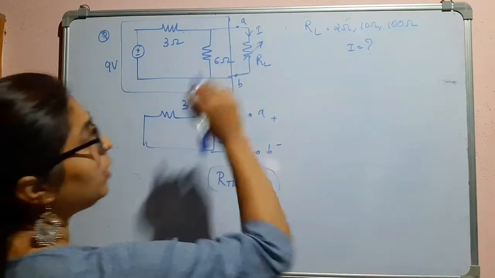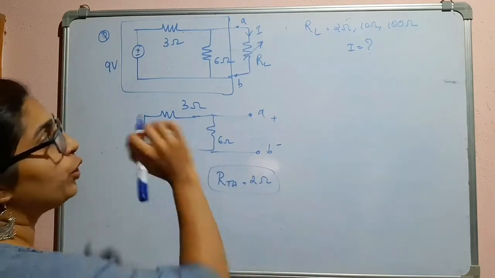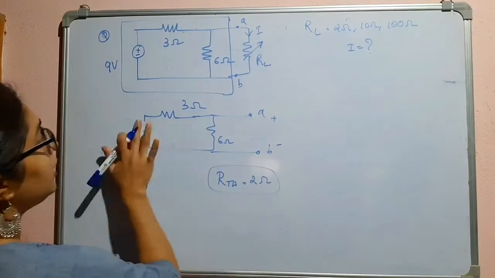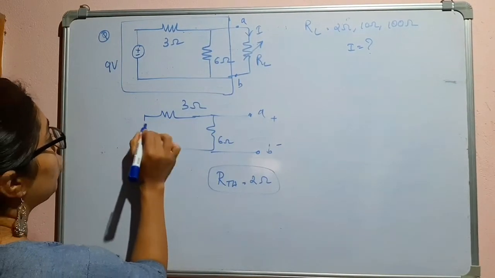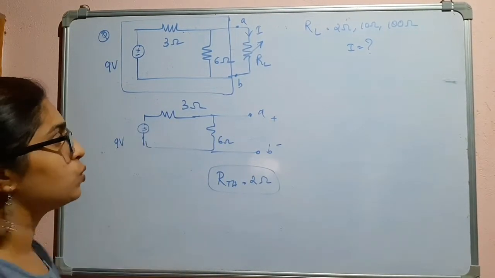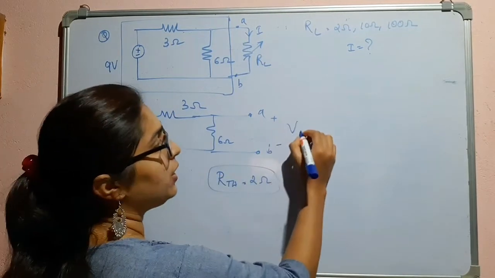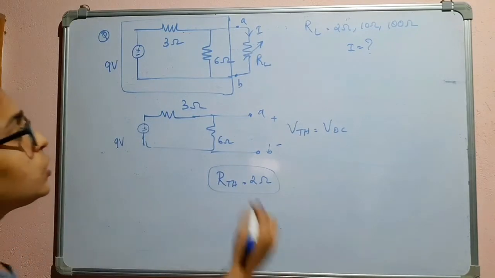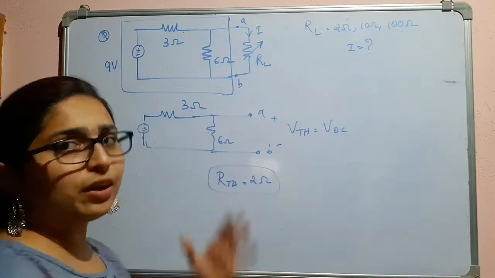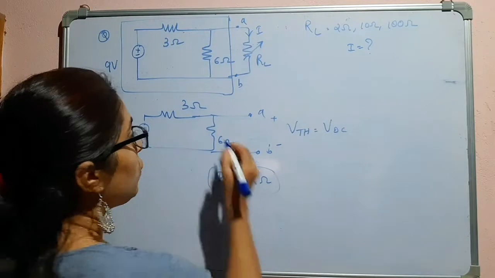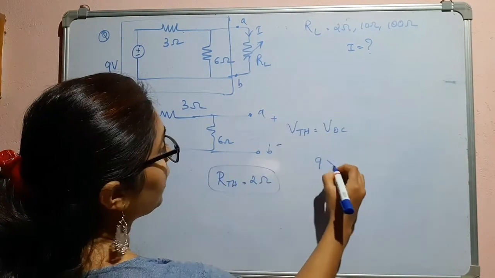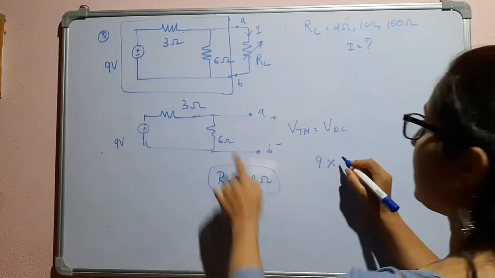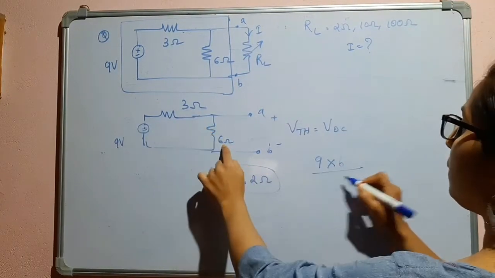Next, to find out the open circuit voltage, these terminals will be open circuited, and here again we place the voltage source, that is the 9 volt source. We have to find the VTH, that is nothing but VOC, the open circuit voltage. Here we can use the voltage divider rule: 9 into 6, divided by 3 plus 6, that is 9.